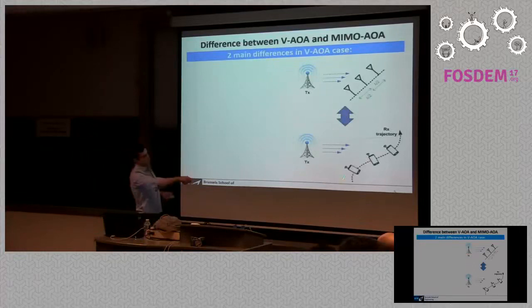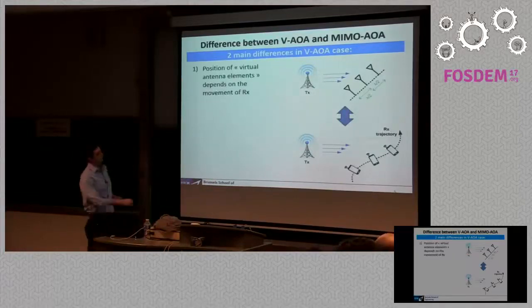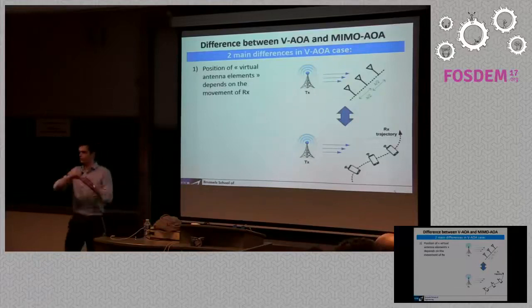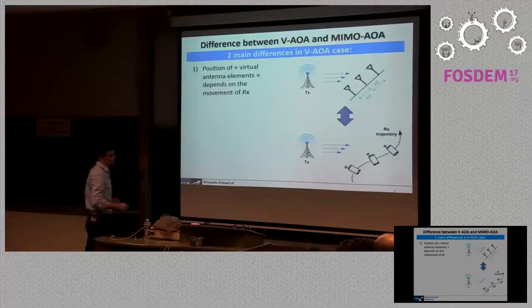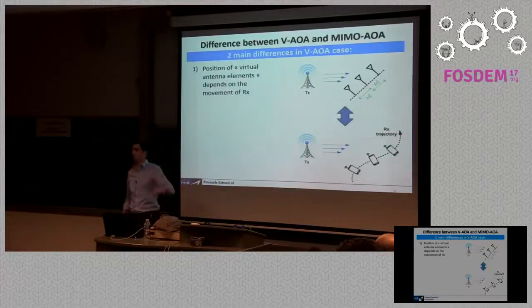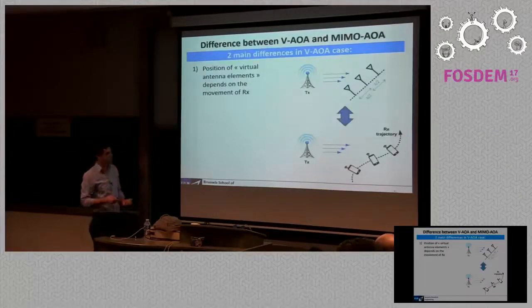So if you look at a regular MIMO array and this virtual MIMO, you have 2 main differences. The first one is that in a regular MIMO array, you know the position of your antennas. You know your antennas are along a linear array, and you know they have this distance in between them. You don't know this in a virtual MIMO case. You're just moving around. So you need to determine where your receiver is each time it receives a data packet.